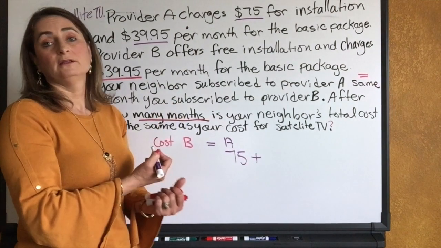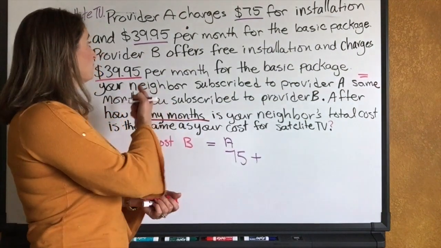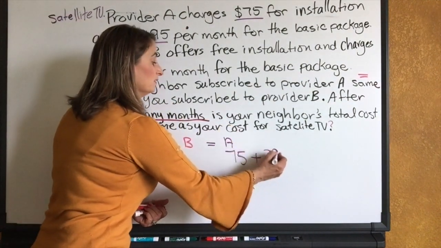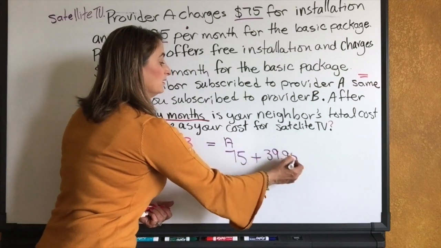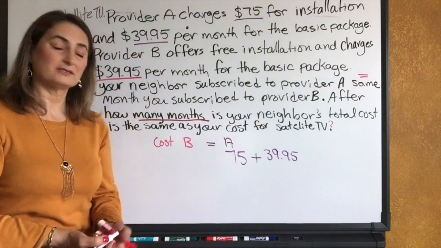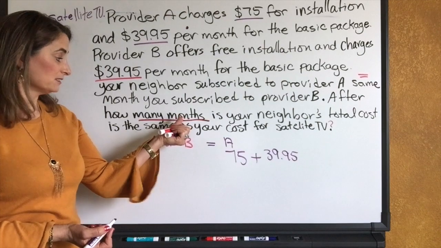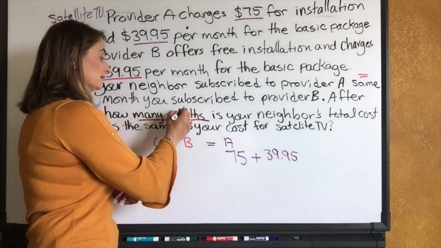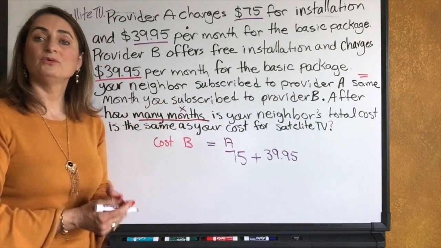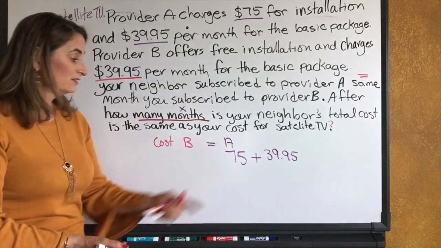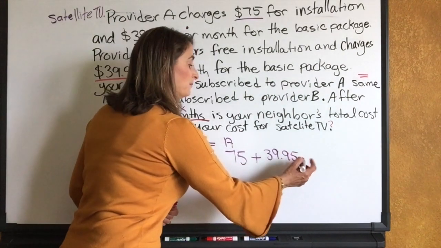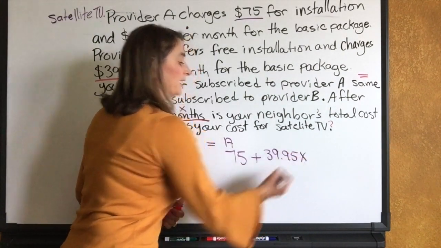That's why per means times. So $39.95 times what? How many months? And that's the question. Months. And that's the x. The number of months will represent the x. So $39.95 per month means times x.